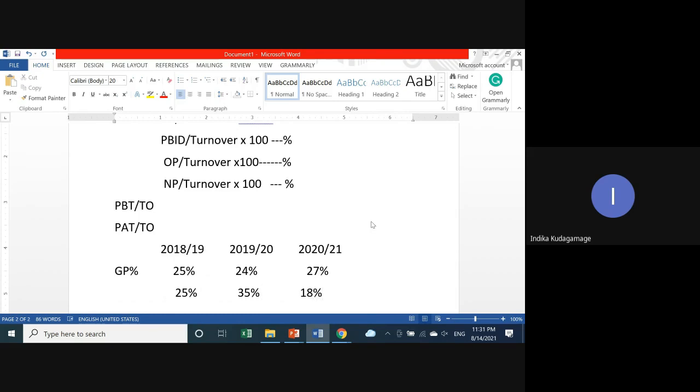Why is that? Before the gross profit, what do you have? You have raw material, labor, electricity. Whenever there's a change in these three items in the market, raw material prices, labor prices, or power prices increase, it affects everyone.